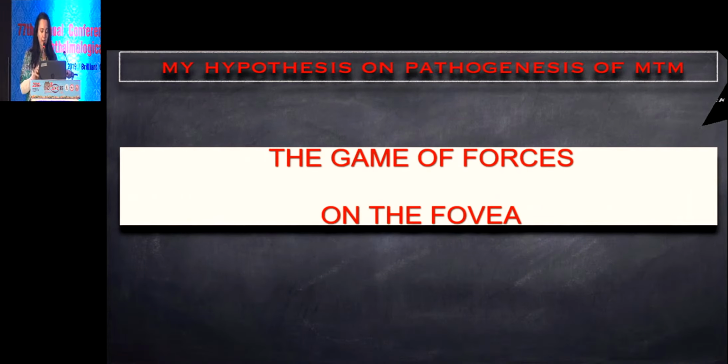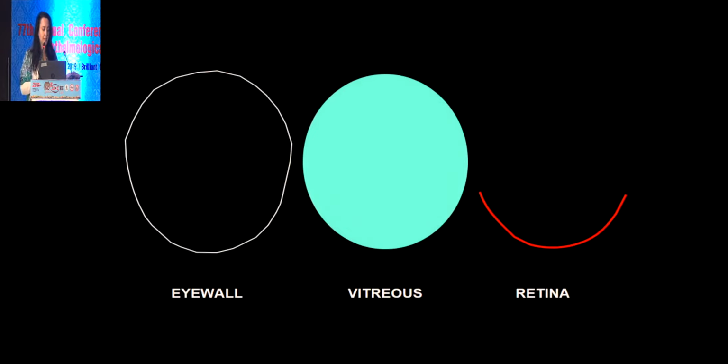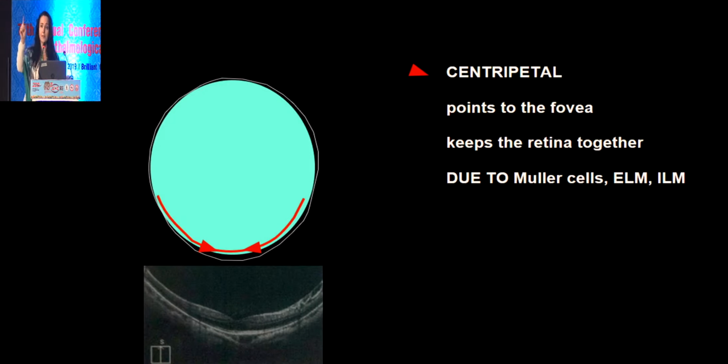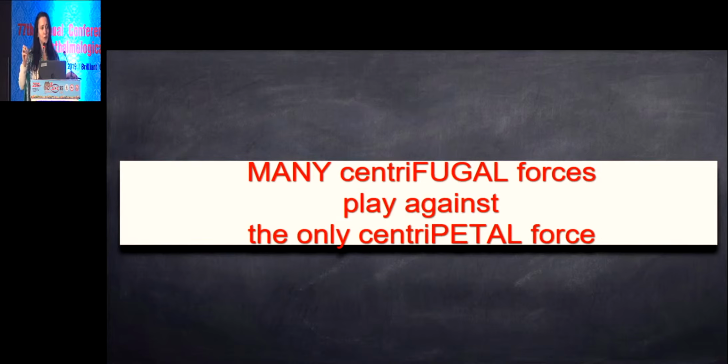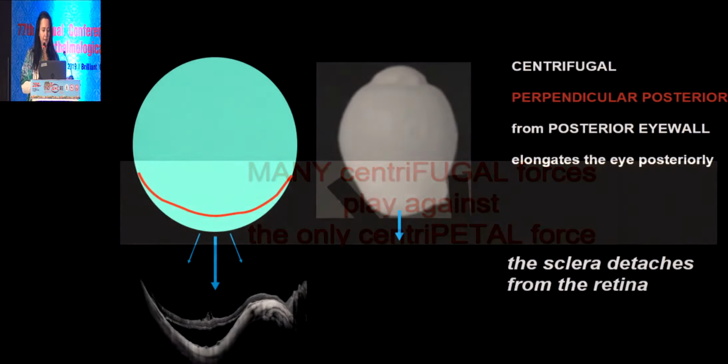So in the end, I propose the game of forces that act on the fovea. If we have one centripetal force that holds the retina together, against this force, many centrifugal forces might act.